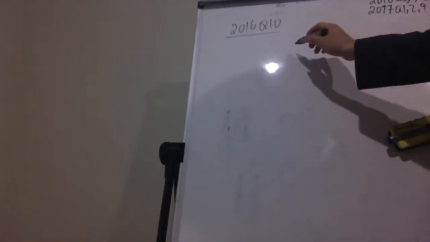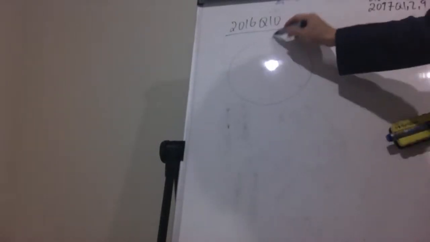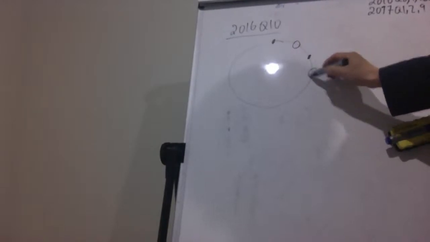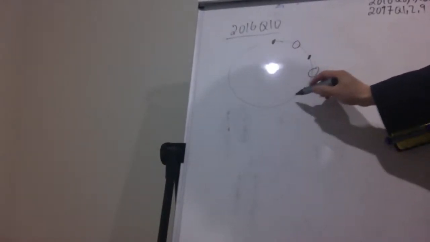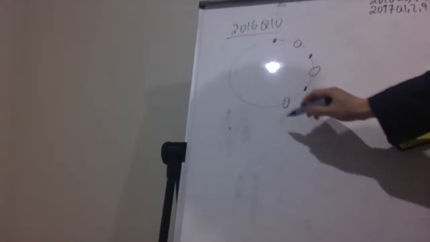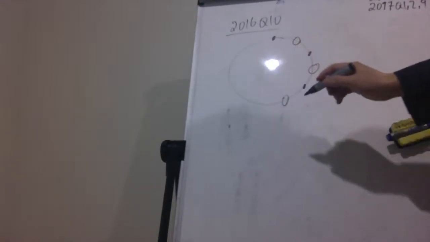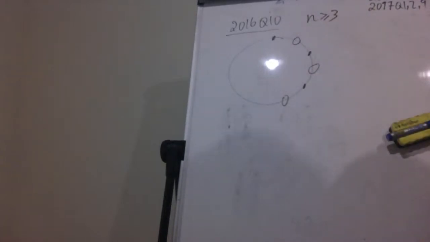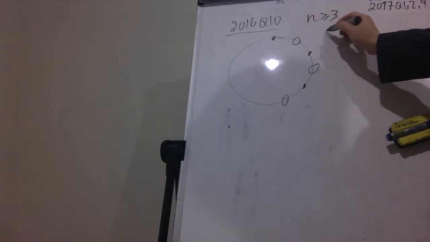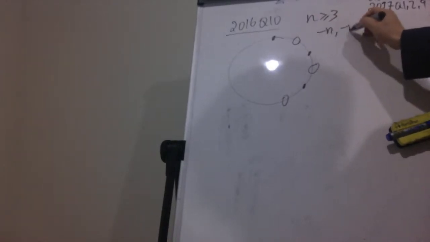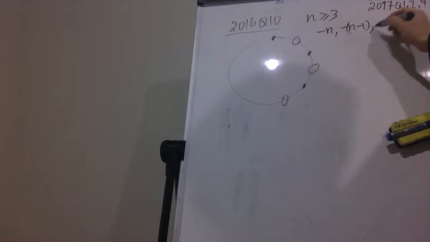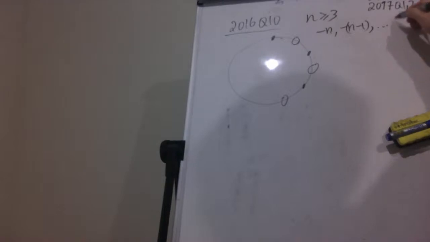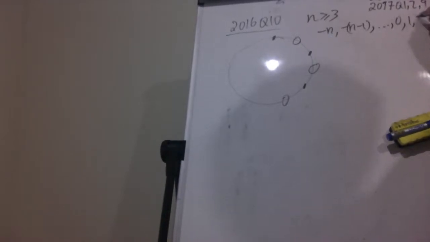The question goes like this. You have a circle, and you have these black and white dots that are alternating. This represents the 12 notes. You let n be greater than 3, and you put the numbers minus n, minus n plus 1, all the way up to 0, then plus 1, 2, all the way to n.